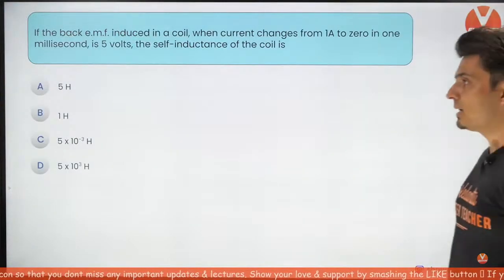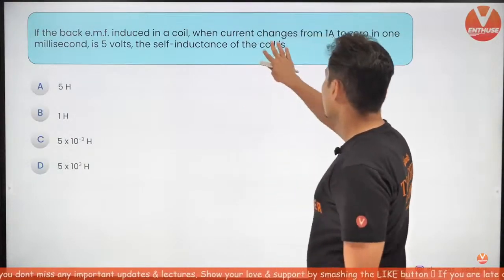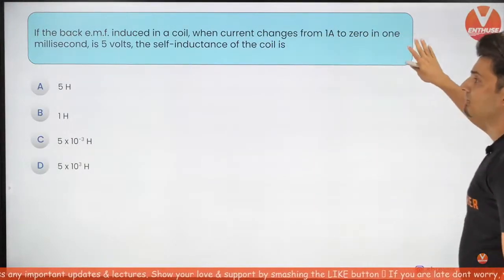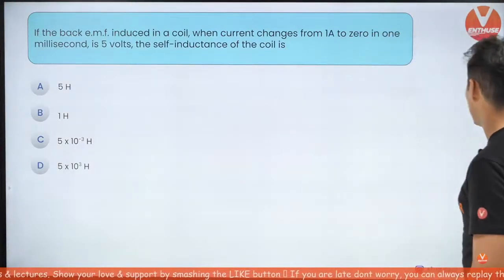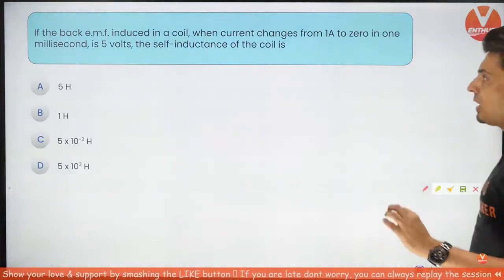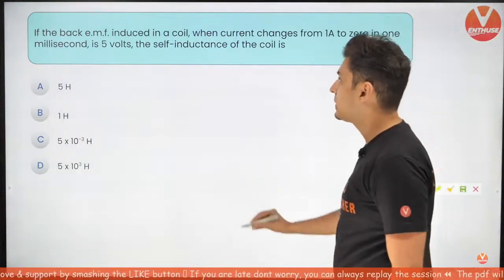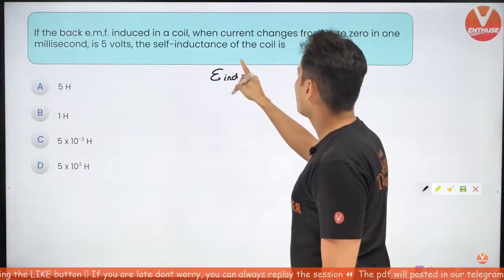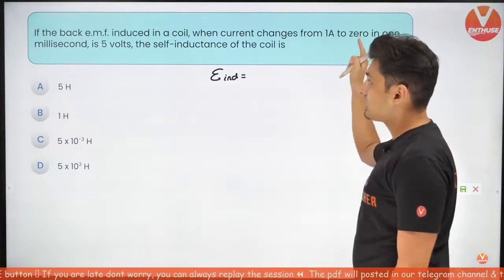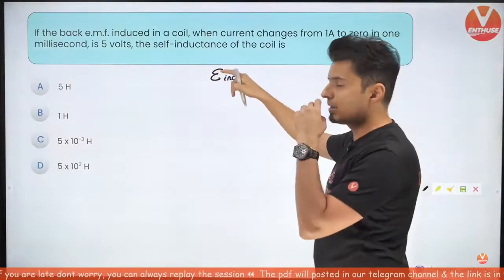The back EMF induced in a coil when a current changes from 1 ampere to 0 in 1 millisecond is 5 volts. The self-inductance of the coil is how much? Now the back EMF, that means the induced EMF is given, and the current changes. Which is the formula?